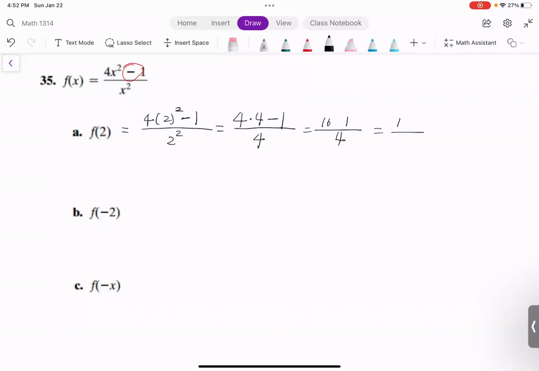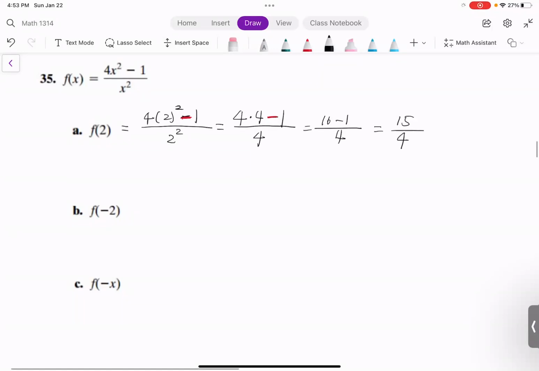I need to record multiple times, because sometimes when I bring down the terms, I bring down the positive. Be careful, you will lose the point if you do this like me. Okay, let me erase this part, and remember this is a negative sign. 16 minus 1 is 15, 15 over 4.